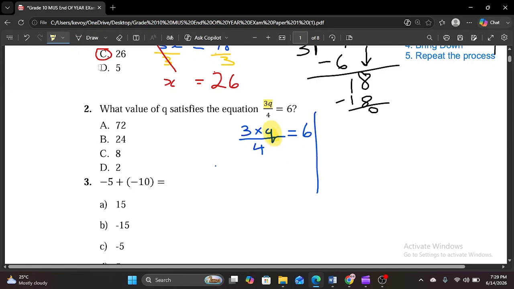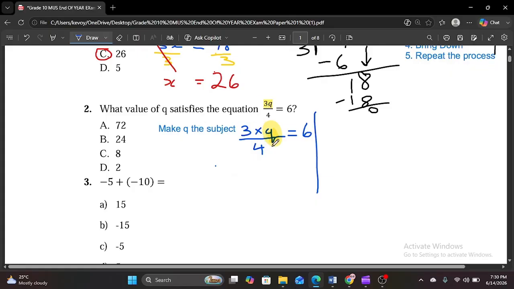In order to make q the subject, let's say that we knew what q was equal to, but we didn't know it was equal to 6. How would we solve that normally? We would have multiplied 3 by q first, and then divided by 4.